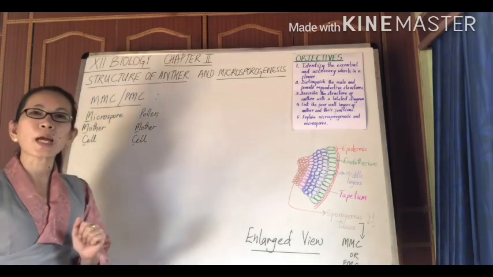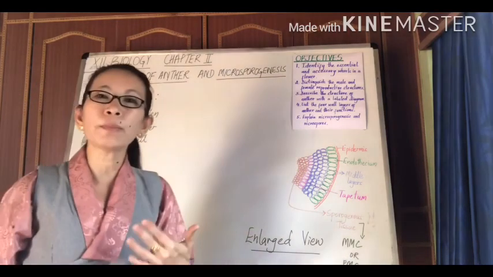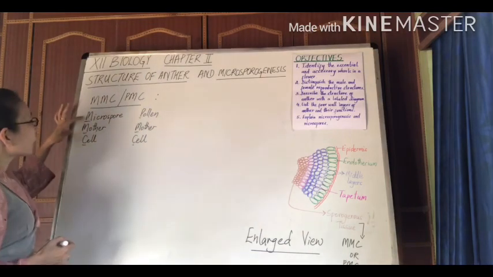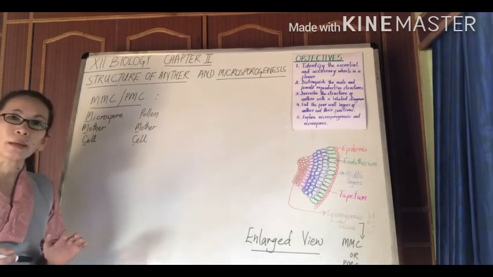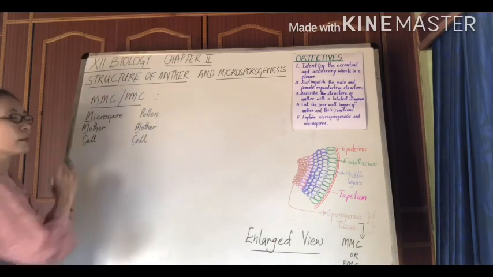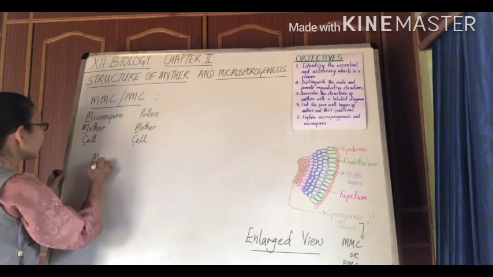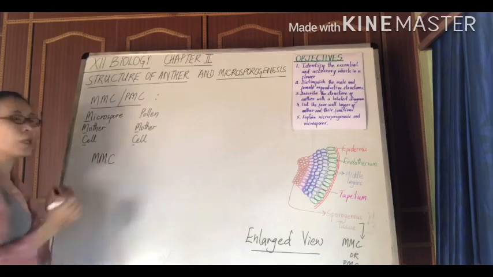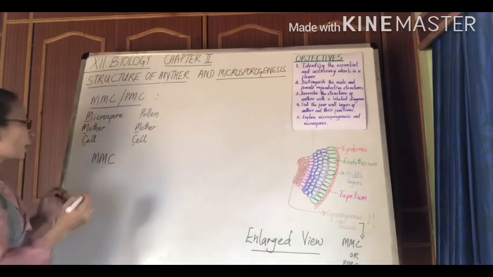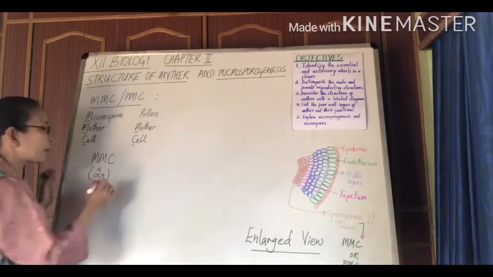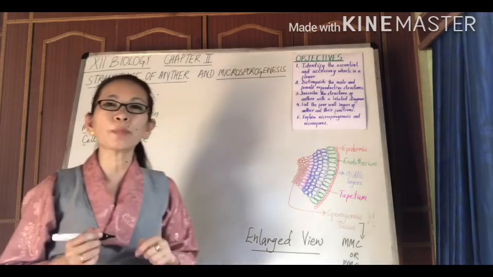Now let's try to understand why these cells are named as such. The cells are called microspore mother cells because these cells, the MMC, inside the microsporangium, are diploid cells, because we know angiosperms are diploid plants.